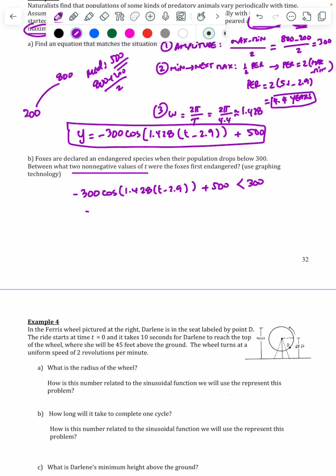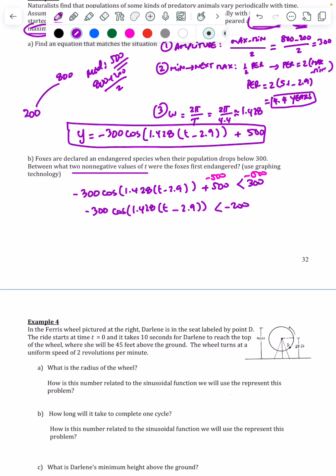So here you will subtract 500, and negative 300 cos of 1.428 times t minus 2.9 is less than negative 200 by subtracting 500 from both sides.